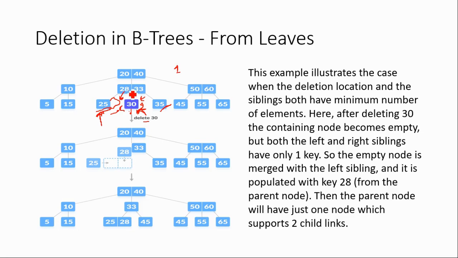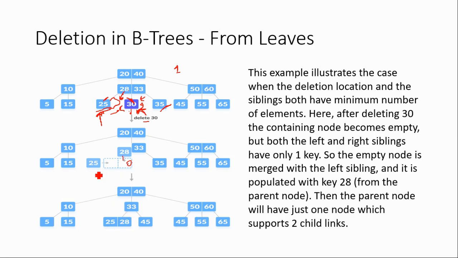So 28 is the number which occurs in between the left sibling and the empty node. You have to pull that element which comes in between these two nodes, and fill the empty node with that element which has been pulled.